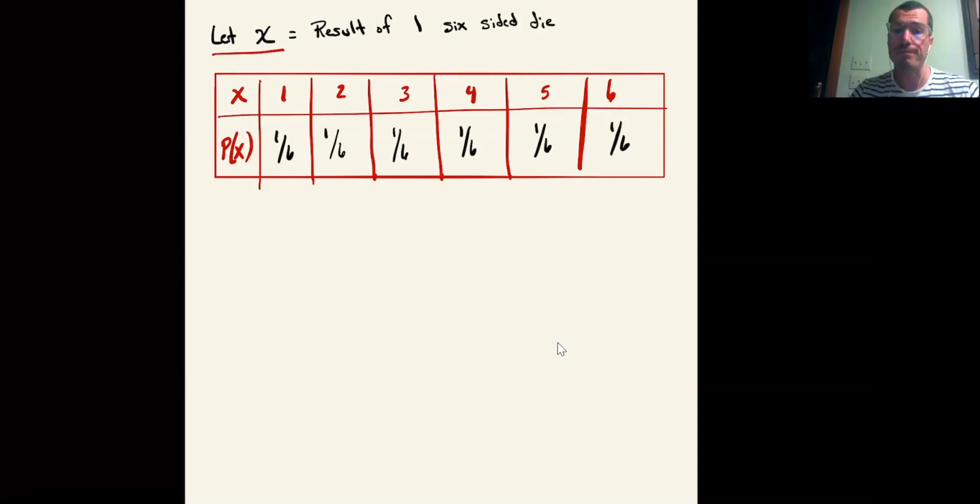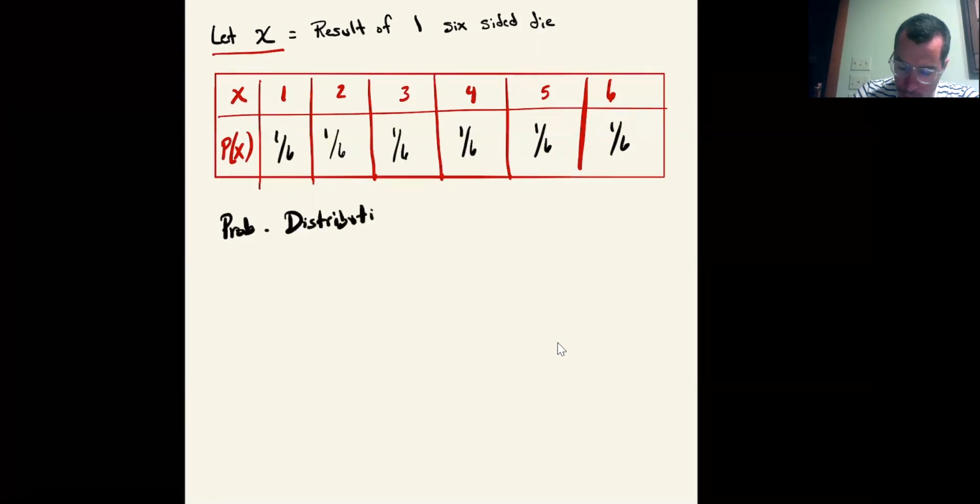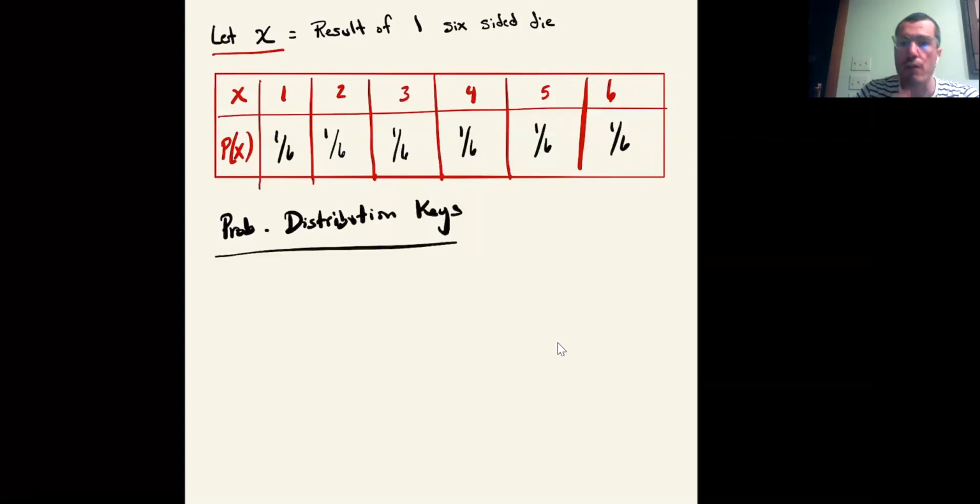Before we go into how to calculate the expected value here, we do want to go over a couple of things. When you're making your probability distribution, there are two key things that you really got to keep in mind.